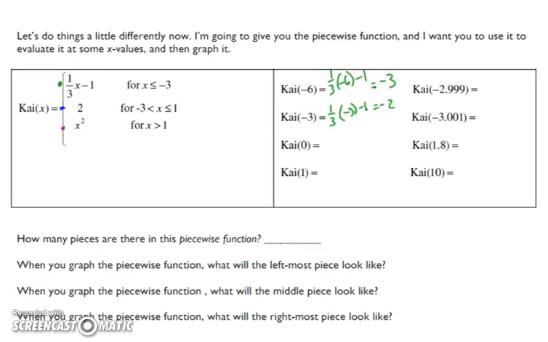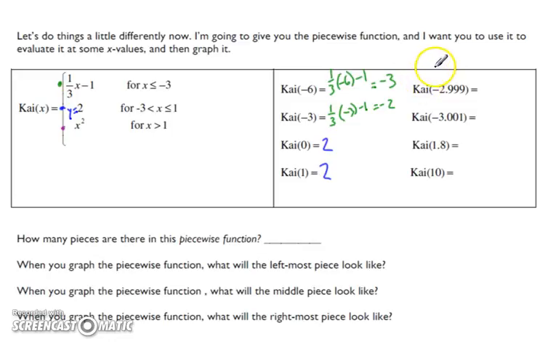All right. The next thing I plug in would be 0. Well, 0 falls here in this blue section between -3 and 1. So that's going to be in the blue one here. And if I plug it in, notice there's really nothing to plug into, right? It's y equals 2, so it's just 2. If I plug in 1, that again goes right here, so it goes in the blue section, so I again just get 2.